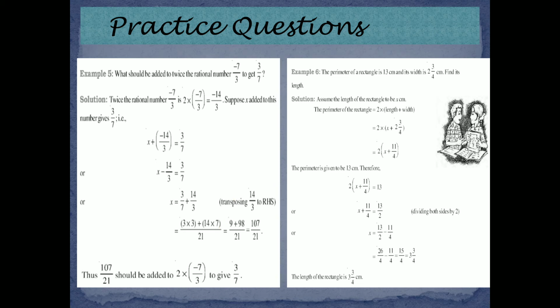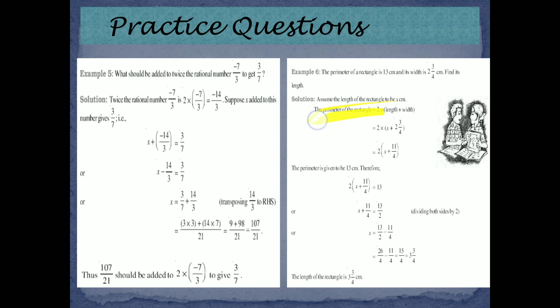Look at example 6 now. Example 6 says the perimeter of a rectangle is 13 centimeters and its width is 2 3 by 4 centimeters. Find its length. Perimeter is given, width is given, that is breadth. The formula for the perimeter of a rectangle is twice into length plus breadth, or length plus width.